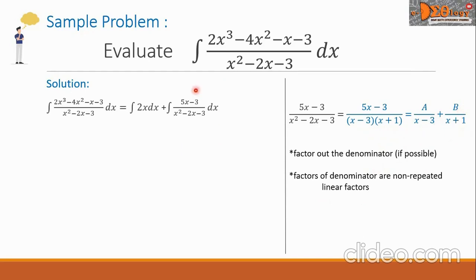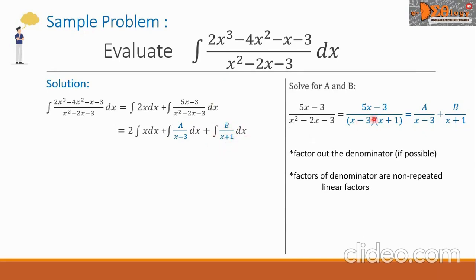It means this integral here can be expressed as integrals of partial fractions. And we can rewrite these integrals to be 2 the integral of x dx plus the integral of A over x minus 3 dx plus the integral of B over x plus 1 dx.